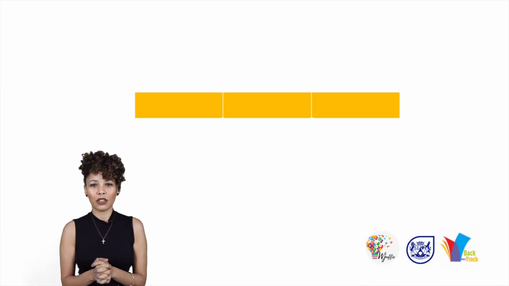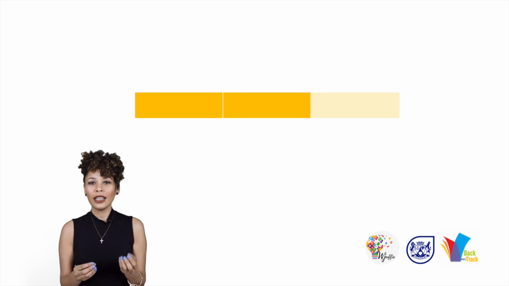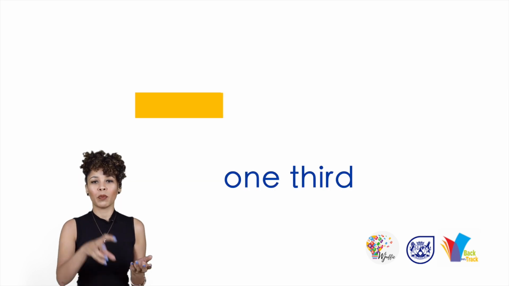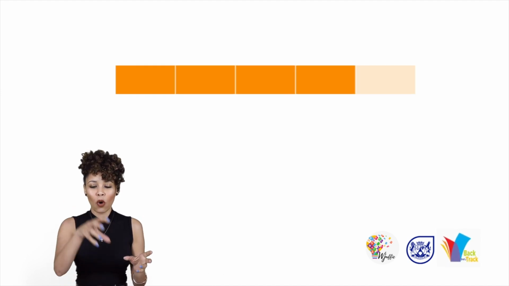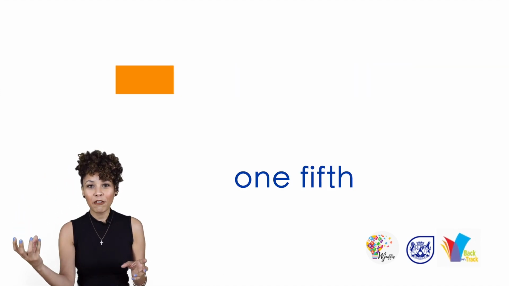And then equal sharing also leads us into naming the fractions, right? Being able to name a fraction means you will now be looking at how many equal parts the whole was divided into, and as such, what the corresponding name will be of that fraction. For example, if I have a whole, I cut it into 3 equal parts, I know my fraction name for one part will be a third. If I have a whole, I cut it into 5 equal parts, one part will be called a fifth. Great.